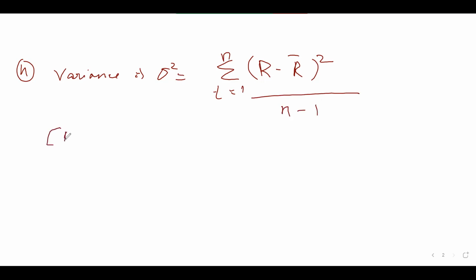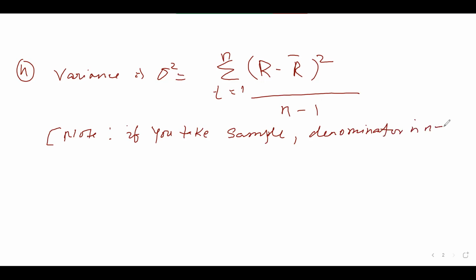Here I'll just give a short note: if you are taking a sample, then the denominator is n minus 1. You divide it with n minus 1.